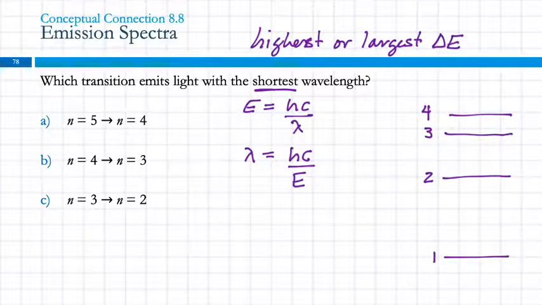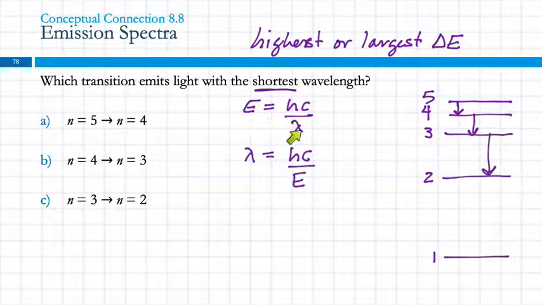So before we start looking at these numbers, so here we've got 5 to 4, 4 to 3, 3 to 2. So they're not doing anything crazy and asking us to predict these: 5 to 4, 4 to 3, 3 to 2. Which is a bigger energy change? 3 to 2. 2 to 1 would be even bigger. Because the energy is inversely proportional to the wavelength.